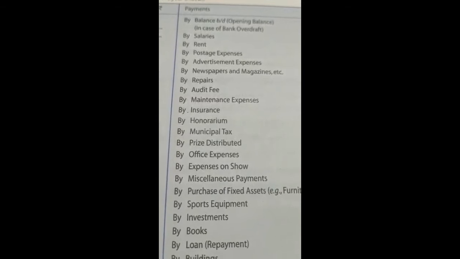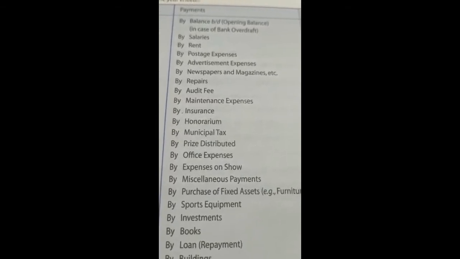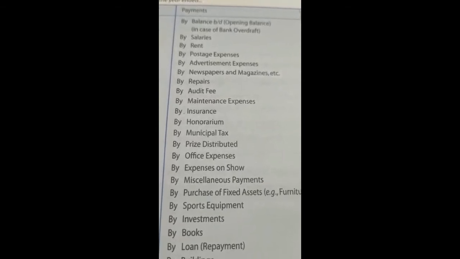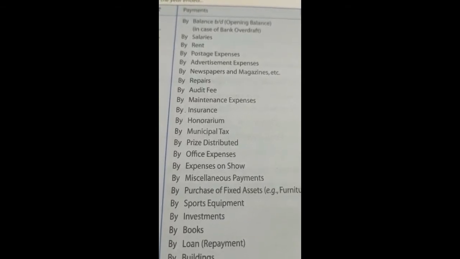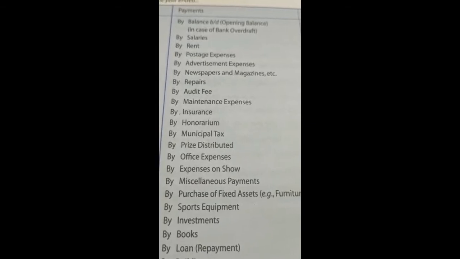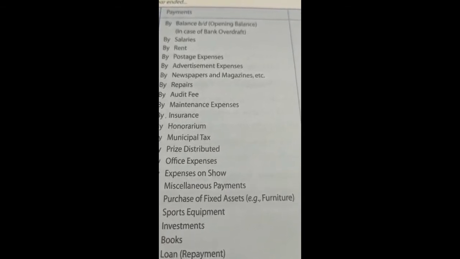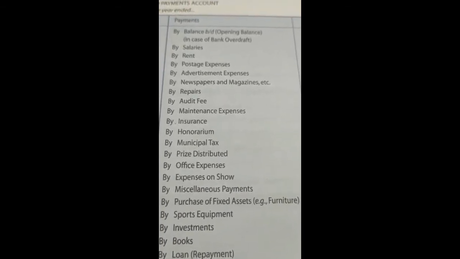Next is newspapers and magazines. In a non-profit organization, they purchase many types of newspapers and magazines so that their members can take the benefit of it. So newspapers and magazines are expenses, and that's why they are payments.